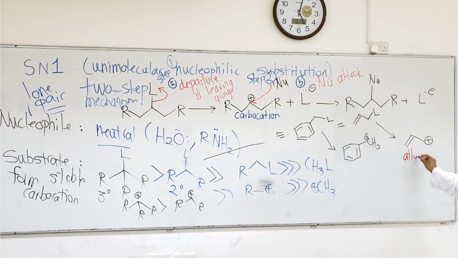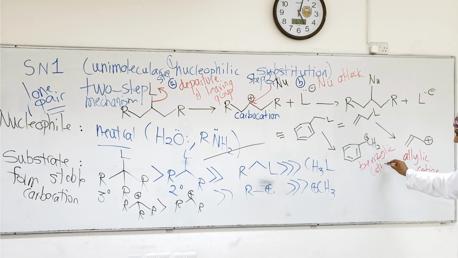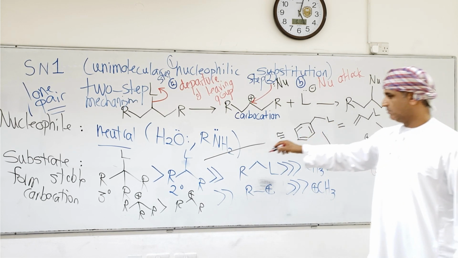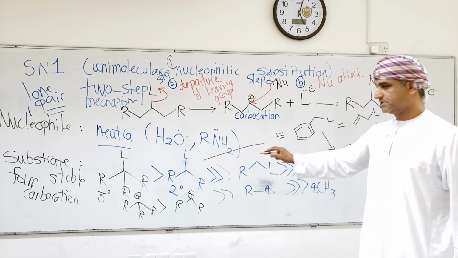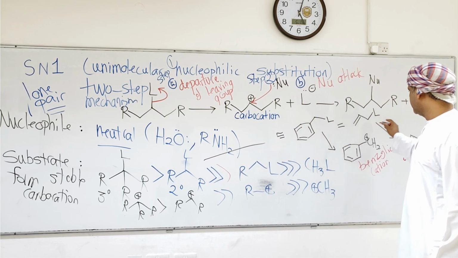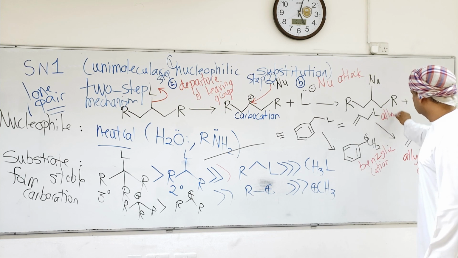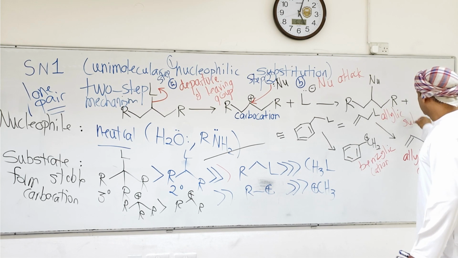This is the allylic cation, and this is the benzylic cation, and the corresponding substrates are reactive. They are similar. We can put them here with the secondary. So all of these, the secondary substrate, the benzylic substrate, and the allylic substrate. So this is the allylic substrate.